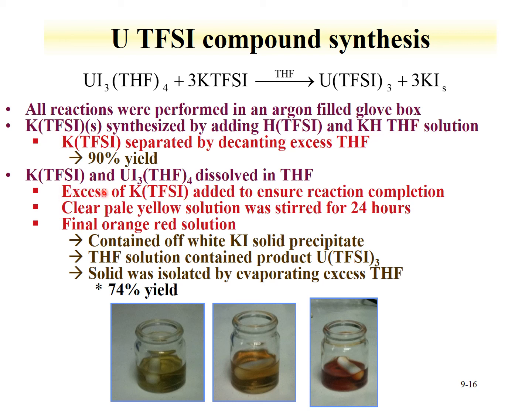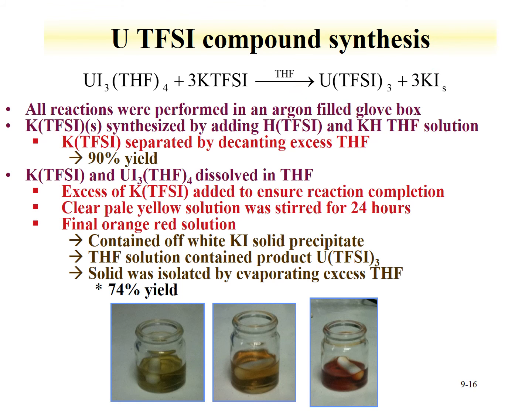We add excess of the potassium ligand. This is stirred for 24 hours under inert atmosphere. We see a color change, which is indicative of the formation of the uranium TFSI compound. Initially you get a precipitate of the potassium iodide in this system, so one can achieve a separation of this product from this product.